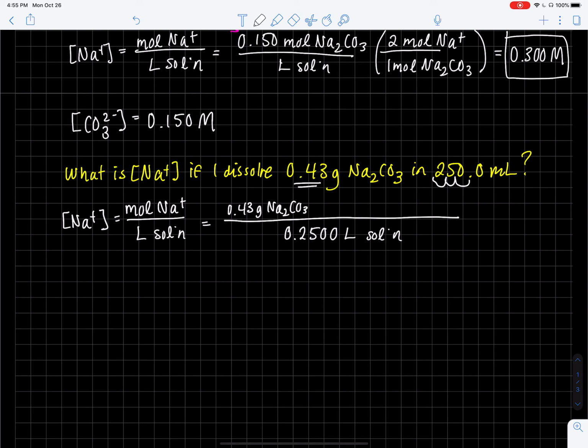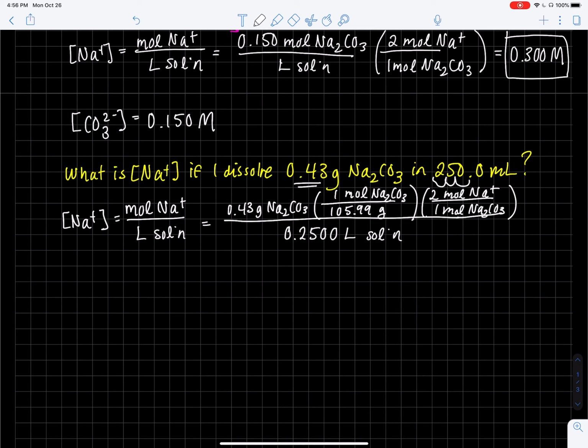Now you're going to need the molar mass of sodium carbonate. Again, I'm not calculating that out here. I did it on my own, and hopefully I did it correctly. So 1 mole of sodium carbonate is, by my calculation, 105.99 grams. Okay, so that will get me to moles of sodium carbonate, and then again, I need that ratio that I have 2 moles of Na plus for every 1 mole of sodium carbonate.